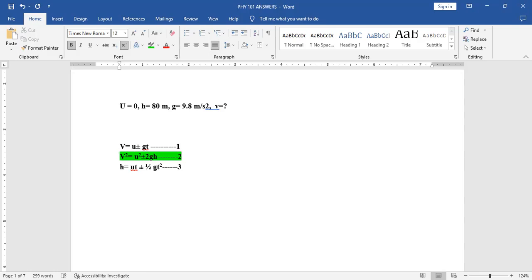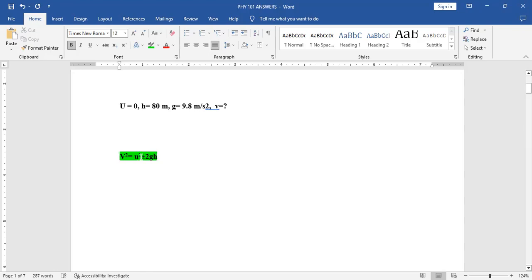Let me erase this one. Since the body is falling to the ground, initial velocity is 0. So even if we put u in this equation, it's just the same as not putting anything.